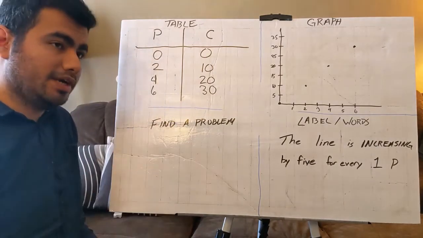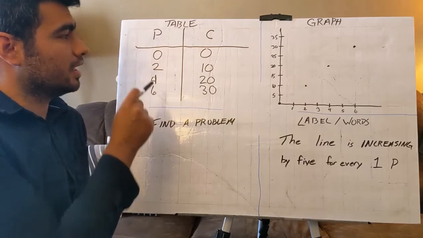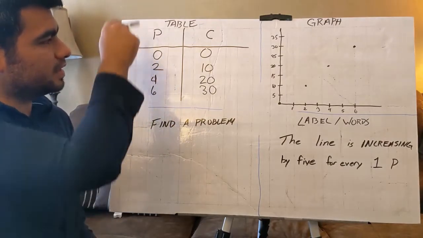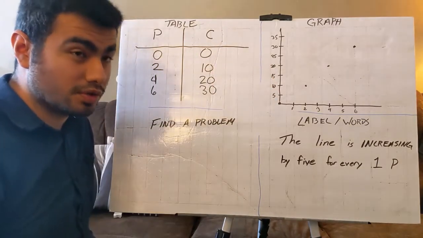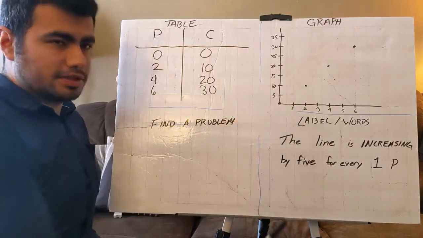Now we're given the table. If we're given the table, this right here is like your x coordinate, and this is like your y coordinate. That's what you're going to be using to graph. Now let's use this to graph this first.